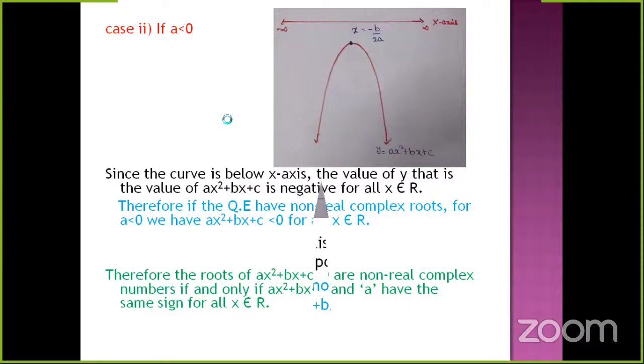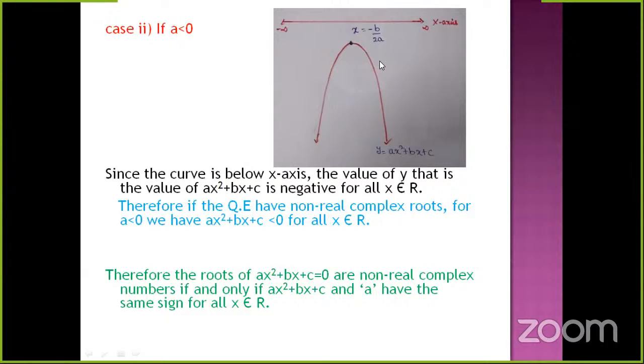Now consider the case 2 condition. If a less than 0, what happens? If a less than 0, the graph representation will be in this form, which is below the x-axis. The curve is below the x-axis. And children, carefully observe the diagram. For every value of x belongs to R, the value of y is negative, since it is below the x-axis.